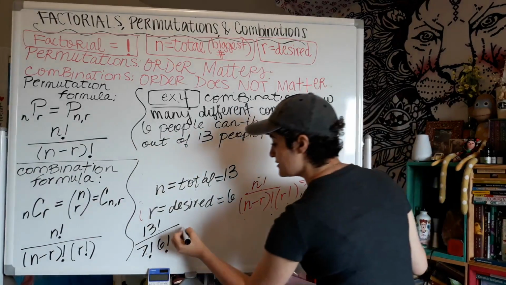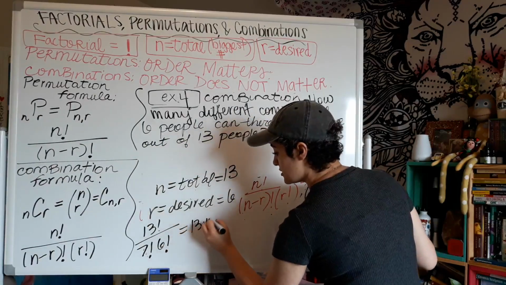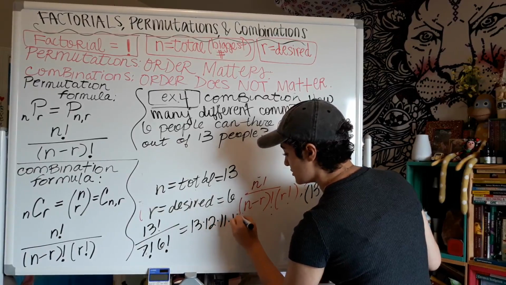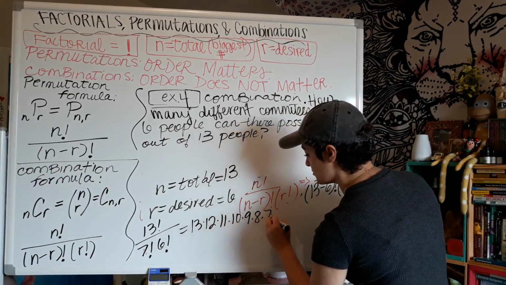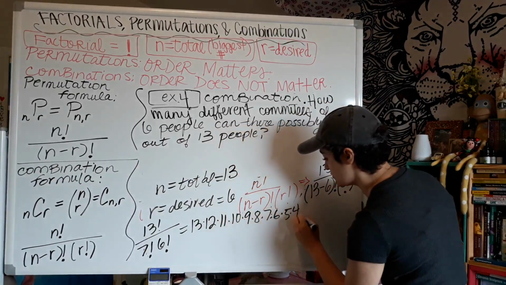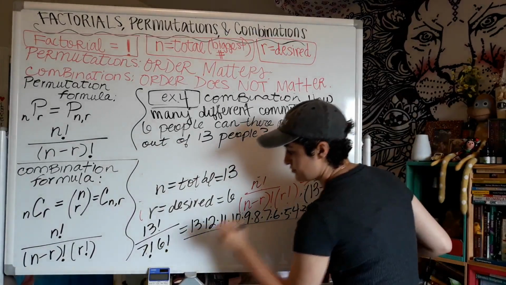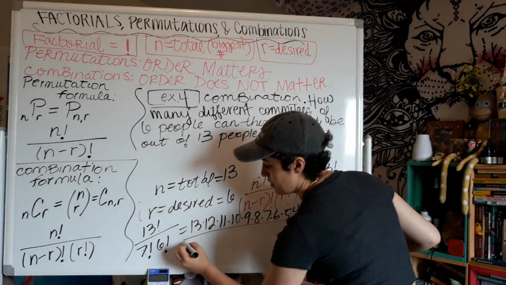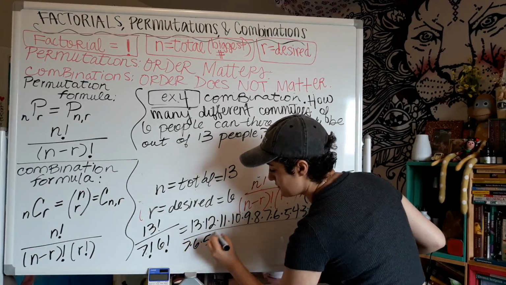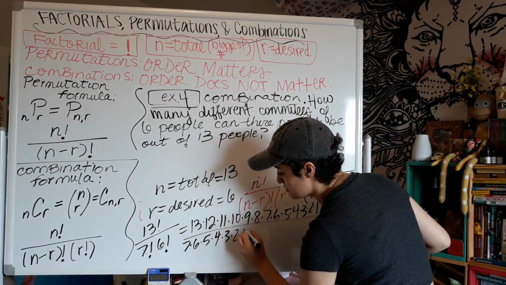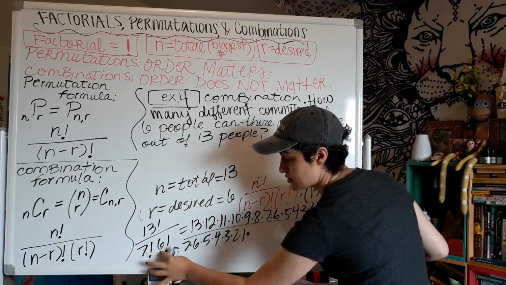Now we're going to expand. 13 times 12 times 11 times 10 times 9 times 8 times 7 times 6 times 5 times 4, all the way down. Over 7 times 6 times 5 times 4 times 3 times 2 times 1 times 6 factorial.